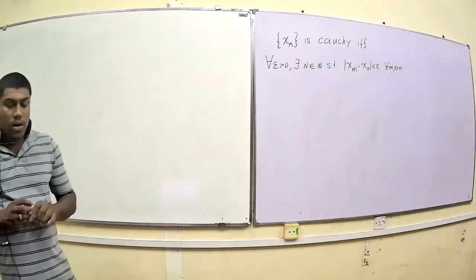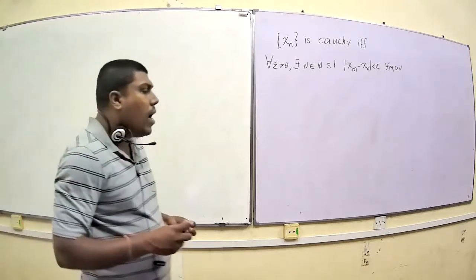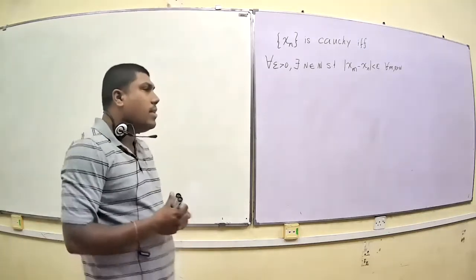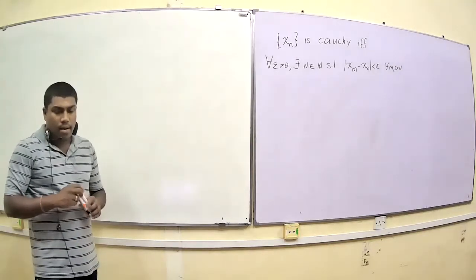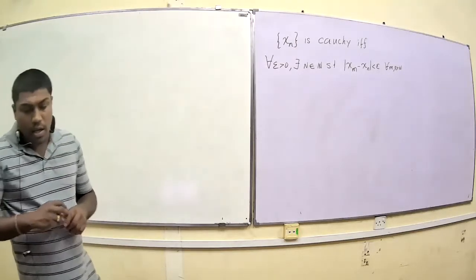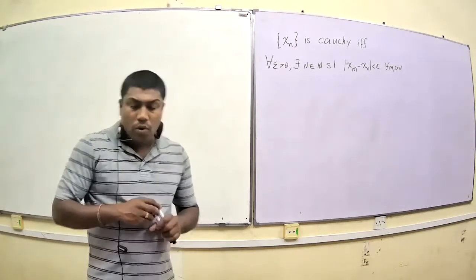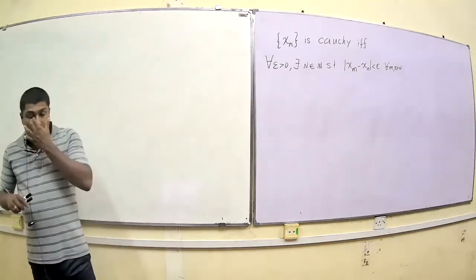So the distance between xm and xn is less than epsilon, for any m and n greater than N. And then we saw an example of a Cauchy sequence: 1 upon n is a Cauchy sequence.